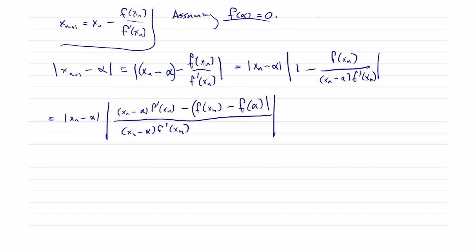So that's all valid. But what this gives me is the ability to use the mean value theorem here. Because it's basically a function at 2 different points, and so I get this. So we have x_n minus alpha times f prime of x_n. Well, maybe we should just move this to the next line.